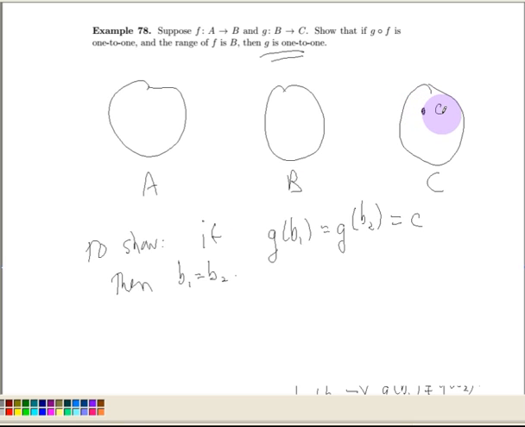If we have C here, and we have G of B1 and G of B2, so we have B1 and B2 here. Now, since the range of F is B, that means that any element in big B has an element that maps to it. So I can find some A1 that maps to B1, and I can find an A2 that maps to B2.